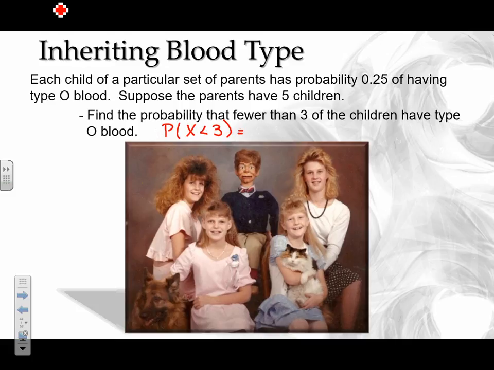So if your probability is less than, then CDF is going to give you exactly what you want. If your probability is supposed to be greater than, what are you going to have to do with this binomial CDF? Subtract it from 1. So you're going to calculate it based on the calculator and then subtract from 1. So less than, we're good to go. Now, I go to binomial CDF.